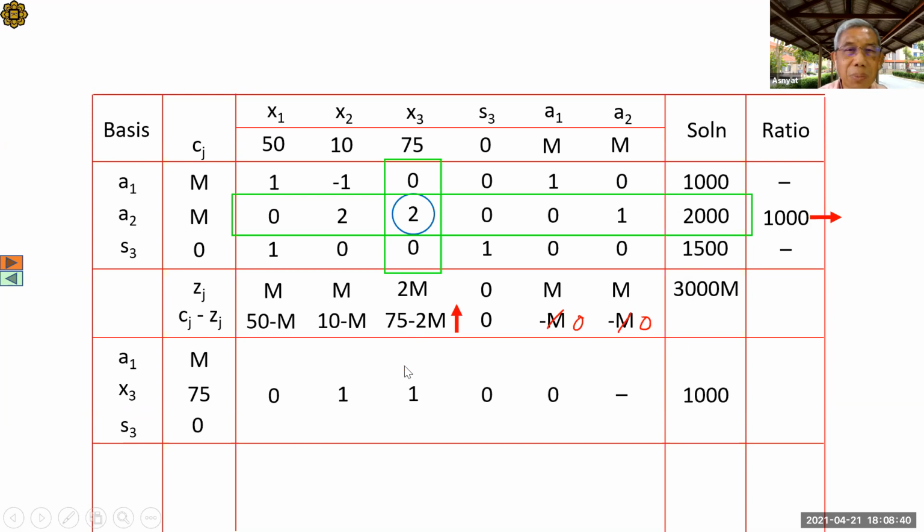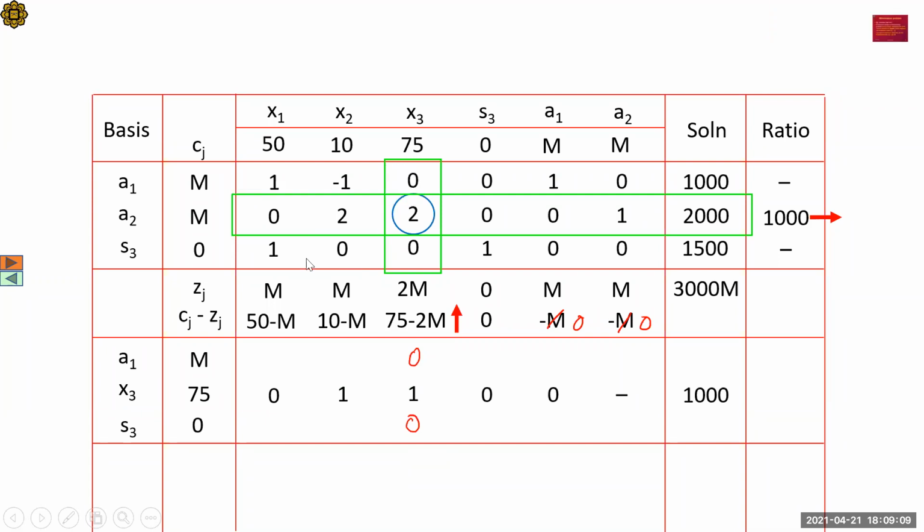Take note, I did say once this one comes down, you will have a 0 coefficient here. You see the previous one is already 0, right? You notice this is supposed to be 0, but the previous row has 0 here. The same thing on the third row.